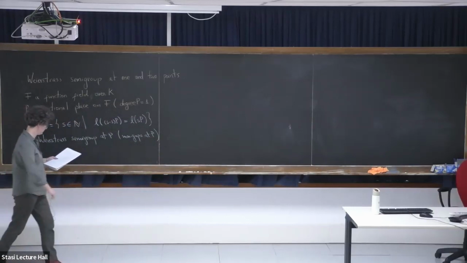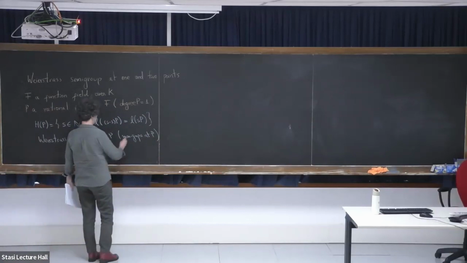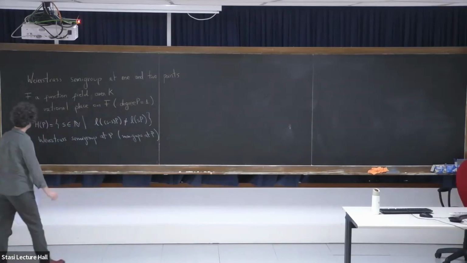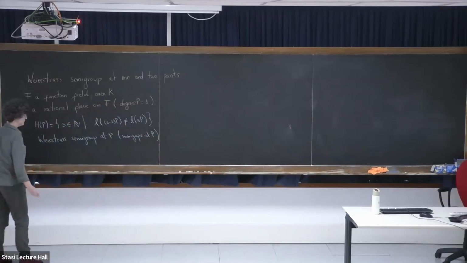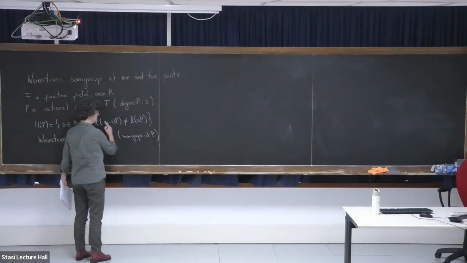Oh, sorry, I wrote the non-gaps. So like this, okay? When you have that these spaces have different dimension, it means that you have a function here that's not here. And this you can check.